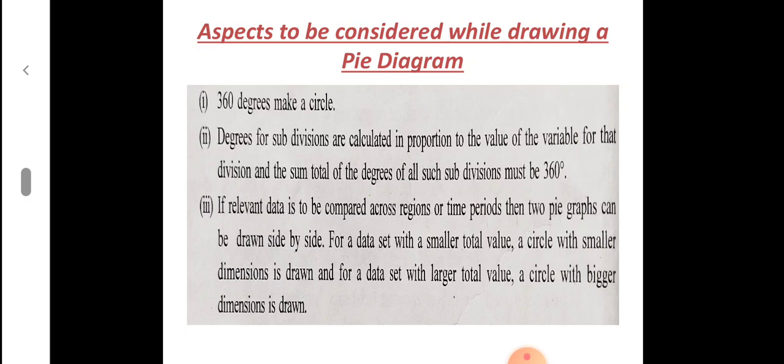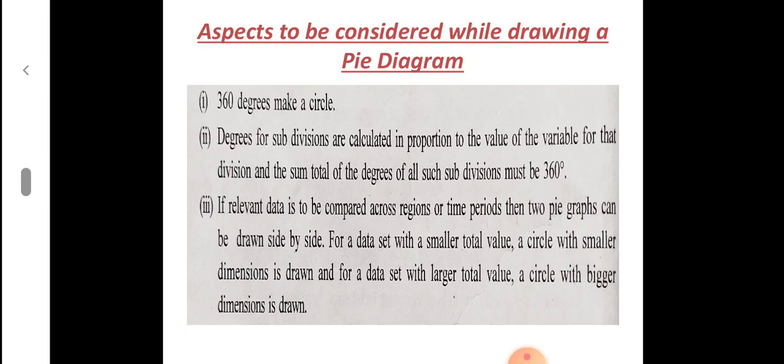Third, if relevant data is to be compared across regions or time periods, then two pie diagrams can be drawn side by side. For a data set with a smaller total value, a circle with smaller dimension is drawn, and for a data set with larger total value, a circle with bigger dimension is drawn.